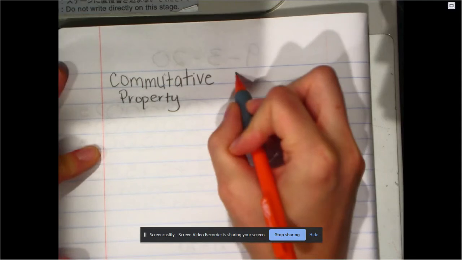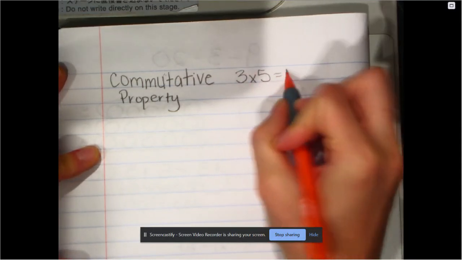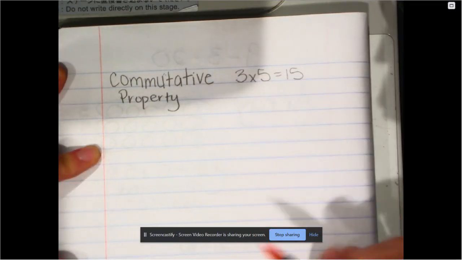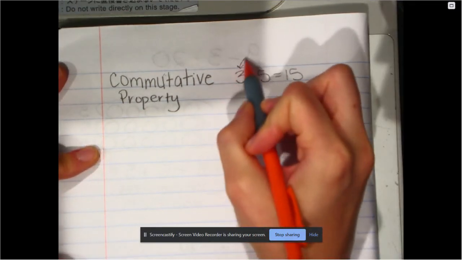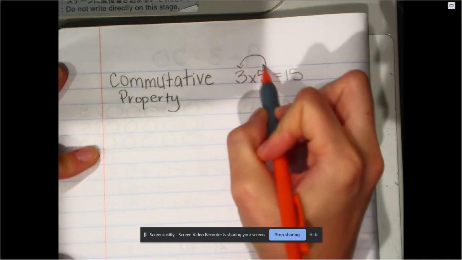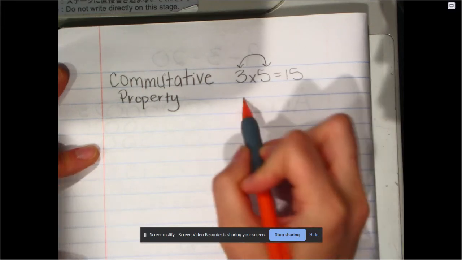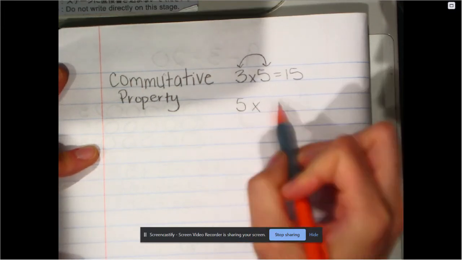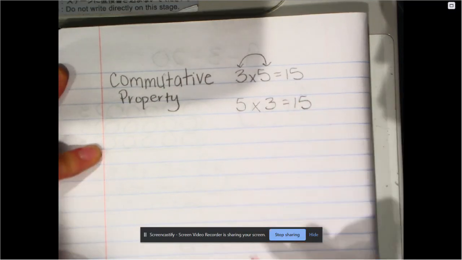And the commutative property, I'm going to make an example right here. So if I have 3 times 5 equals 15, commutative property means I can switch these numbers to make a new problem, but it will have the same product. So I'm going to switch my factors, and I'm going to write 5 times 3 equals 15 as well.